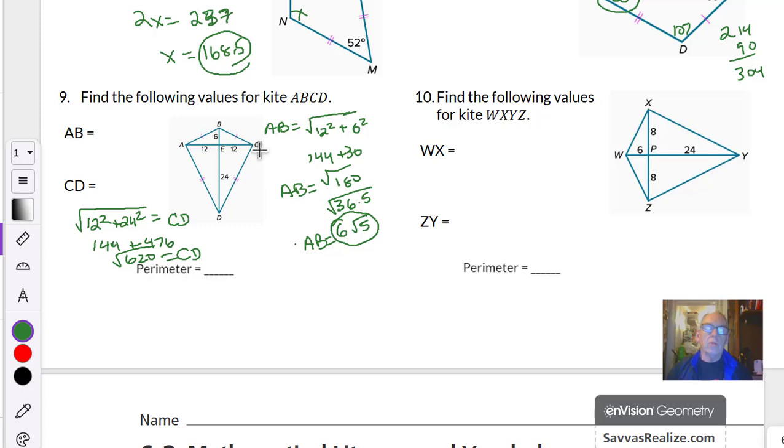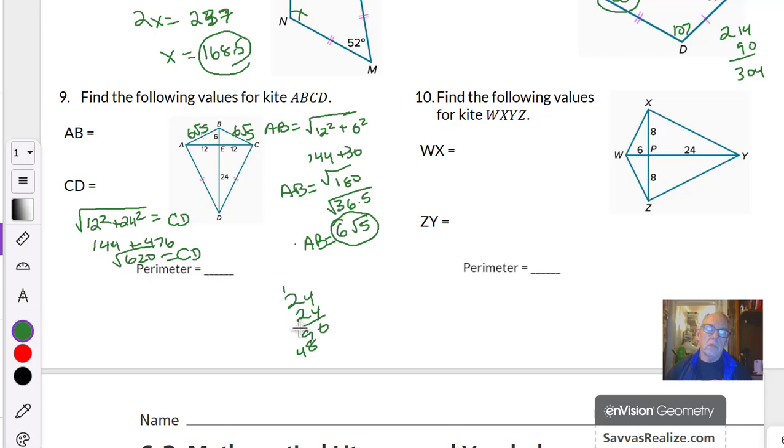And it wants to know the perimeter. Basically, we're going to have 6 square root of 5, another 6 square root of 5. Let me check 24 times 24. It's 576.